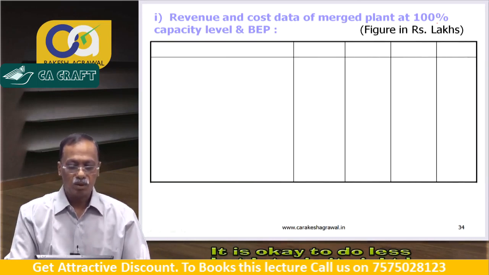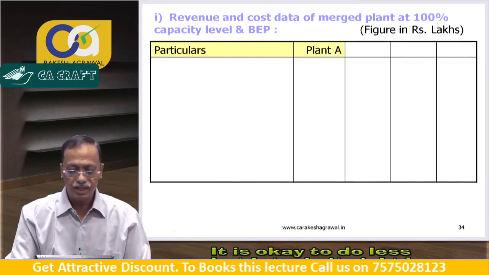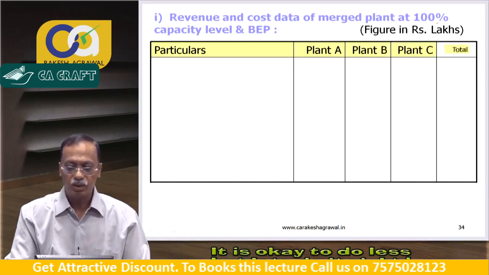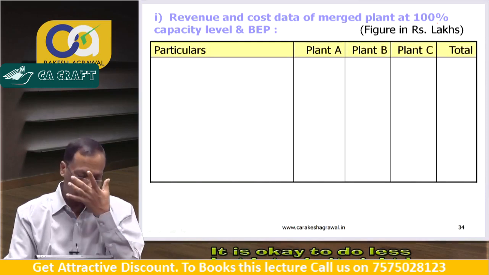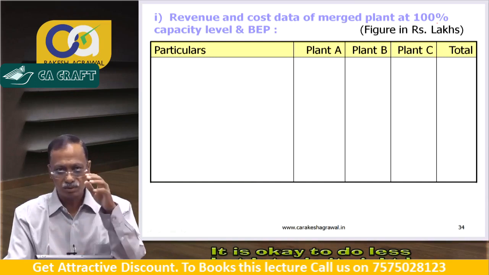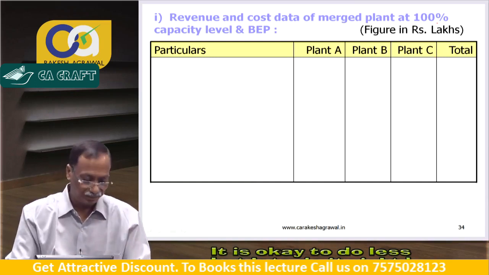Okay, prepare the columns like this: particulars, plant A, plant B, plant C, and total. Total column is your merged plant. So particulars, 4 columns, and vertical around 10 lines.